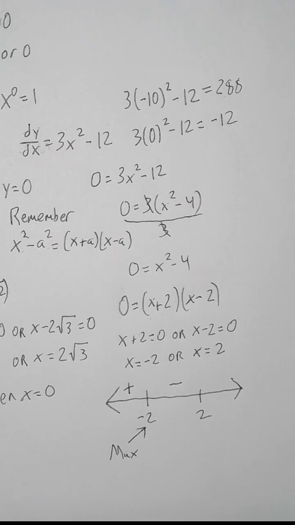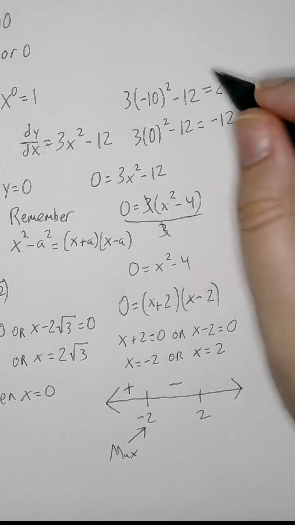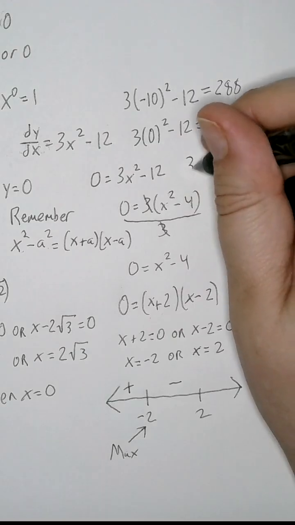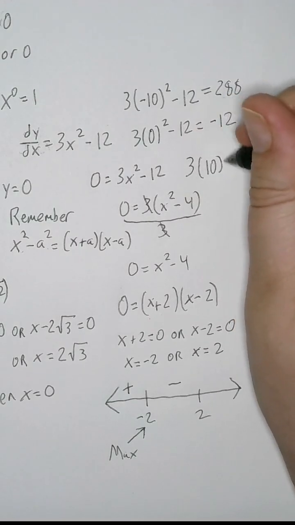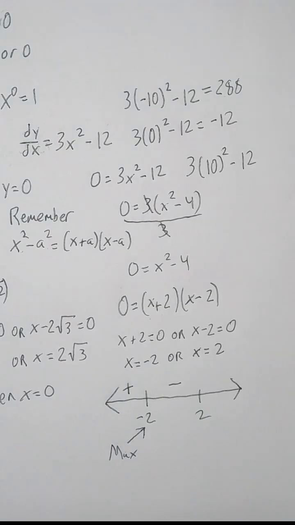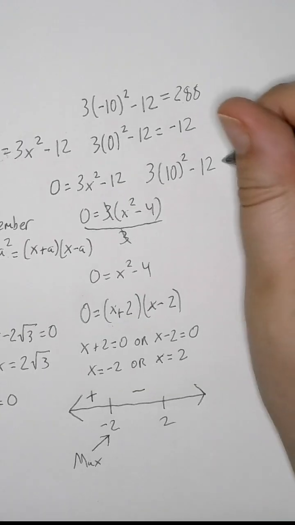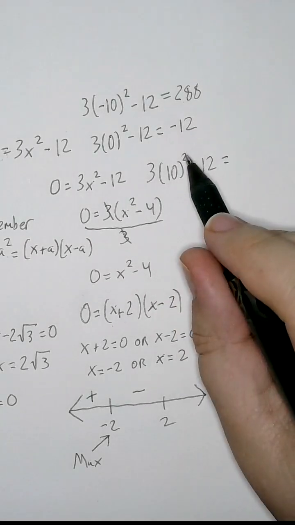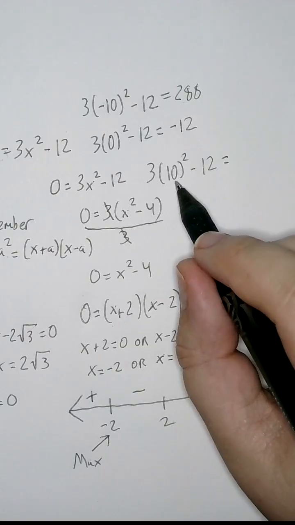All right, so 10, 55, and 3, all of them are going to work. I'm going to go ahead and pick the first number I got, which was 10. So I'm going to do 3 times 10 squared minus 12. 10 squared is 100. 3 times 100 is 300.